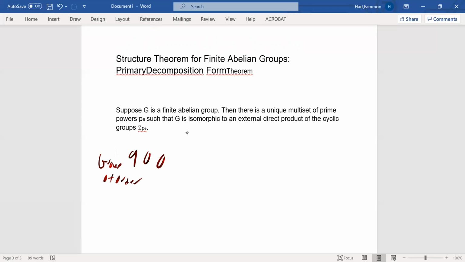How many different ways can I decompose this? So let's first give the prime factorization of 900. That is equal to 2 squared times 3 squared times 5 squared, right? So how many ways are there for me to partition 2?